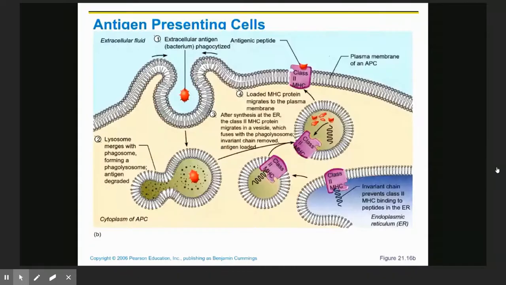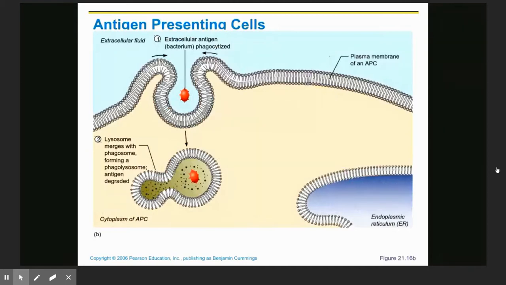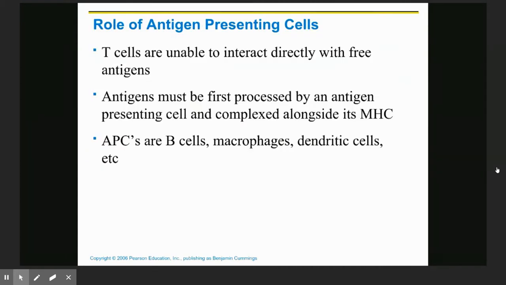In fact, they're not even the most common type of antigen presenting cell. Some other antigen presenting cells are macrophages. Remember when we talked about blood, we talked about monocytes. Monocytes, remember, they're the largest of the white blood cells. They tend to have this bilobed nucleus.